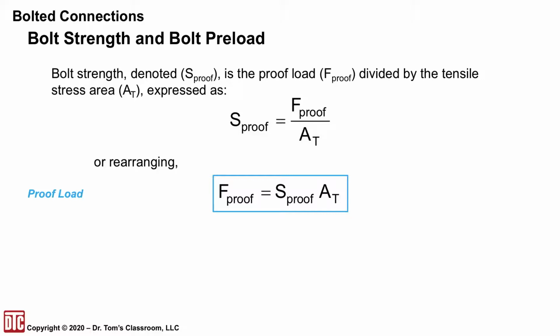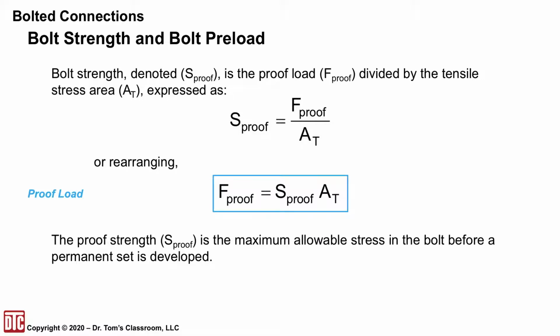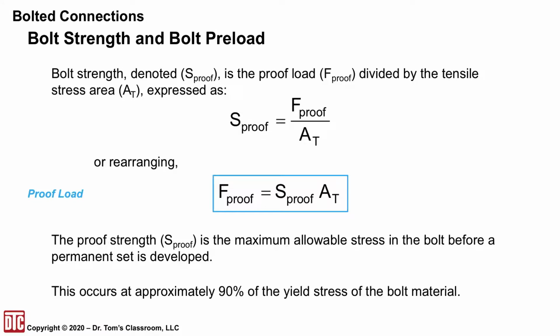I like to go in and spell things out. It's easier to identify things. So then the proof strength is the maximum allowable stress in the bolt before a permanent set is developed. This occurs approximately at 90% of the yield stress of the bolt material.